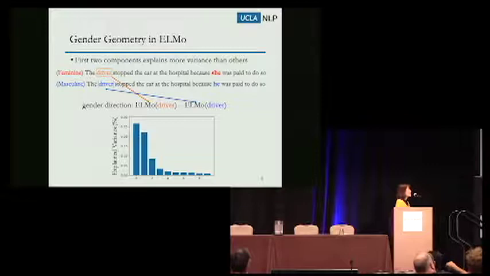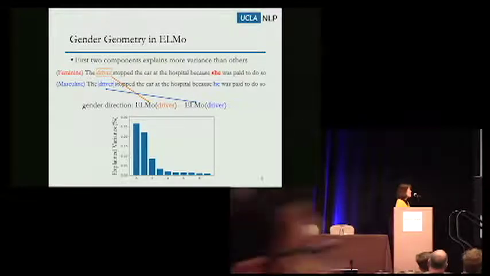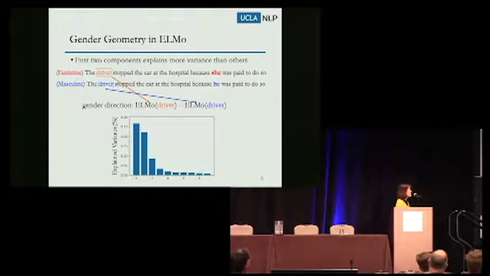And the sentences also contain occupation words. We then extract the ELMo embeddings for those occupation words and get the difference between those occupation ELMo embeddings, and we use it as our gender direction. After we do PCA analysis on this gender direction, we found that the first two components explain more variance than the others.